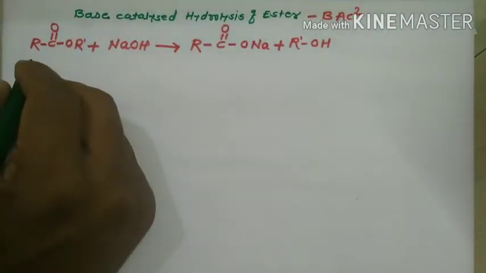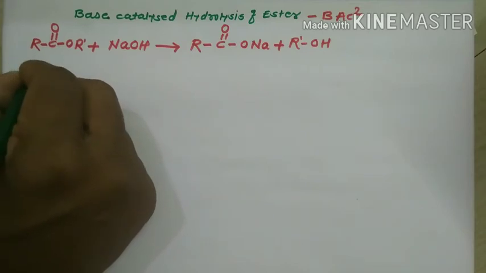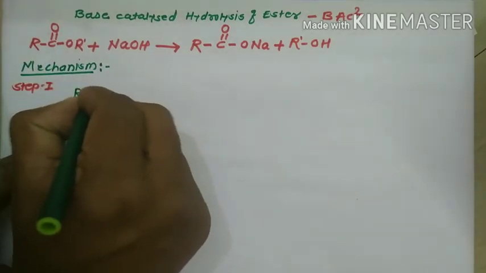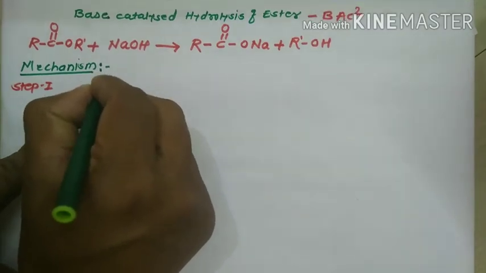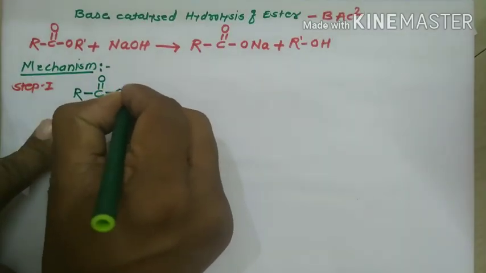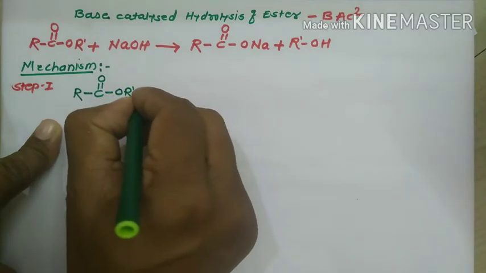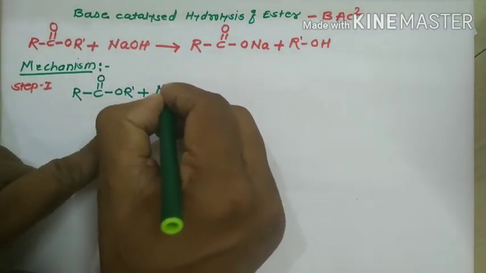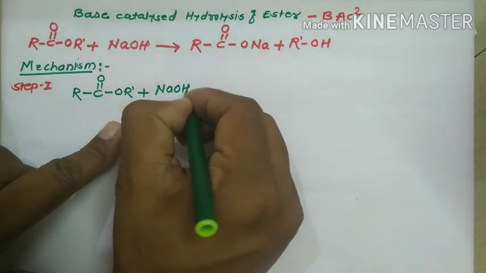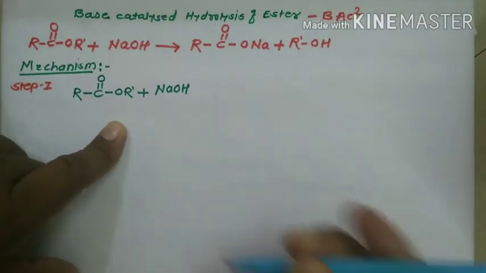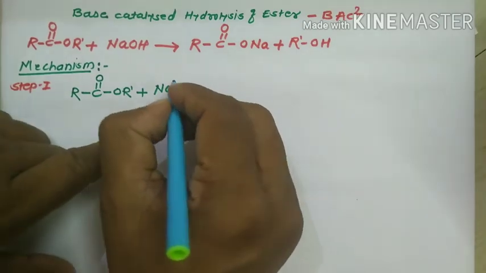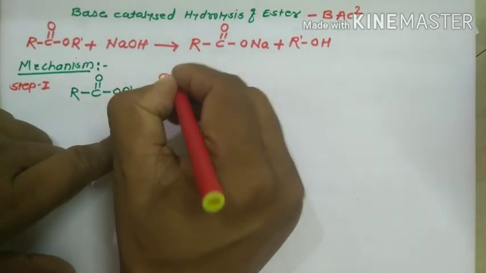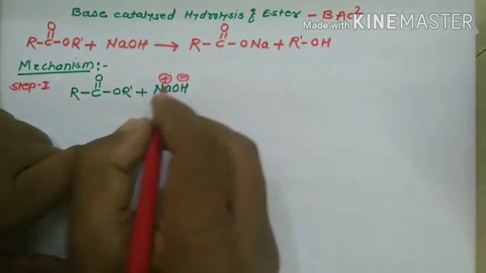Then the mechanism of this reaction. In step first, the ester R-C double bond O-OR reacts in the presence of NaOH base. The ionic species of the base ionizes to form Na plus and OH minus ions.